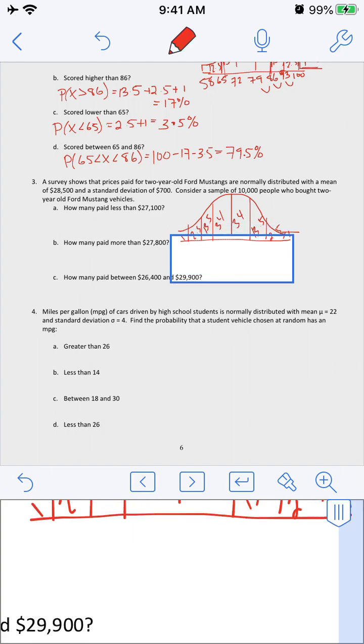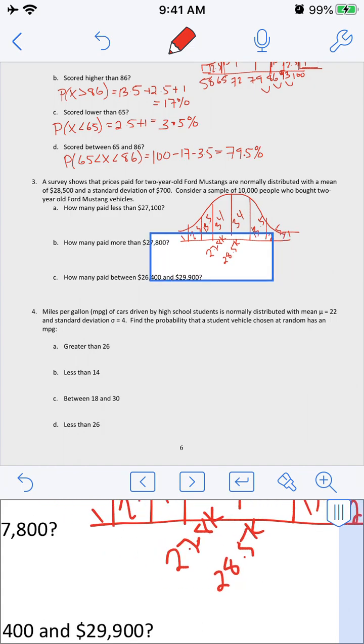I think I'm going to use K for 1,000, so 28.5K. If we go 700 down from that, we get 27.8K. Keep going, we get 27.1K. We go one more down from that, we get 26.4K.